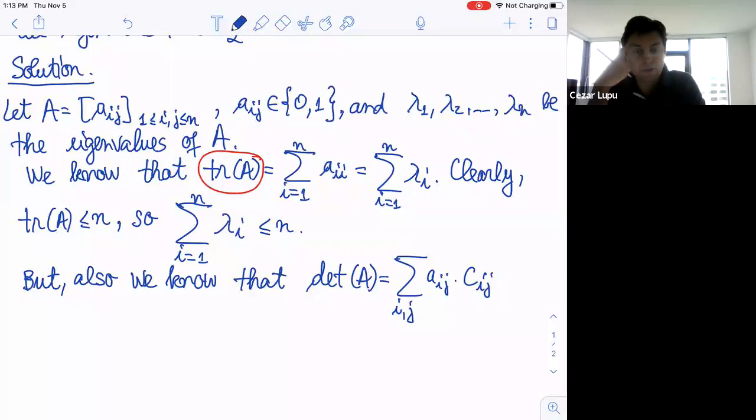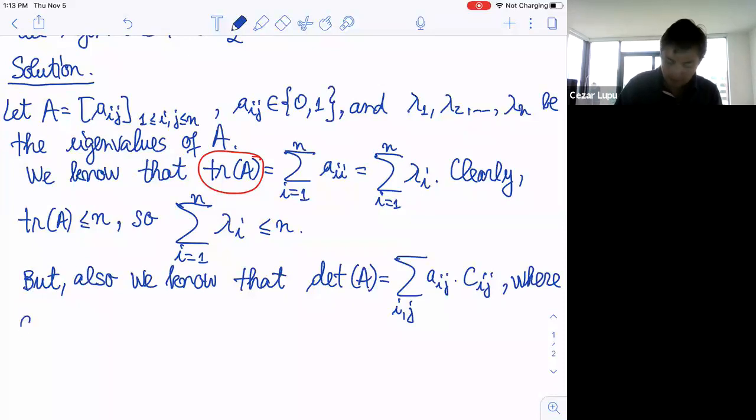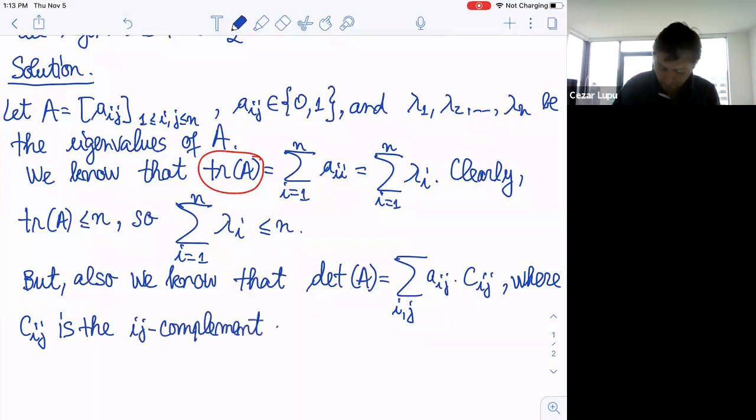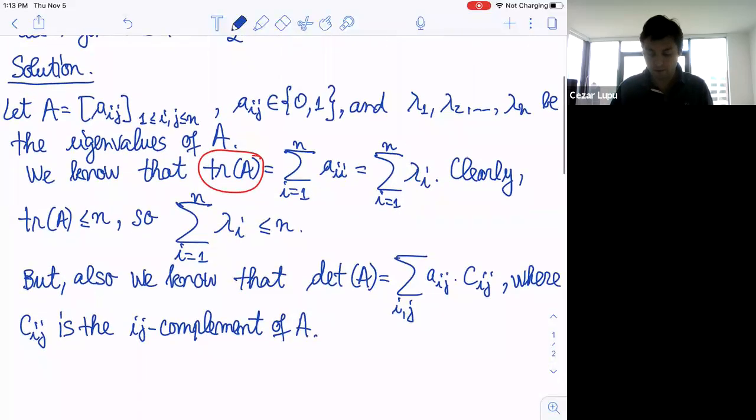Since the determinant is the sum of a_ij times the complements, where these C_ij are the complements, the ijth complement of A. So these a_ij, keep in mind that the entries are 0 and 1.